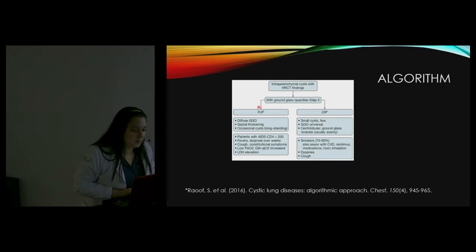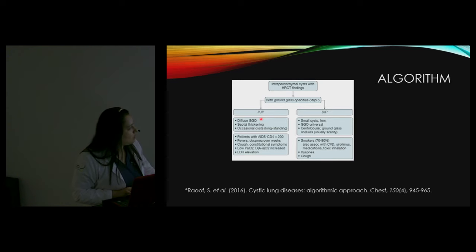While in pneumocystis jirovecii pneumonia, the ground glass opacity is more diffuse. It can be associated with septal thickening and occasional cysts. The cystic form of this pathology is more common after a long-term disease.